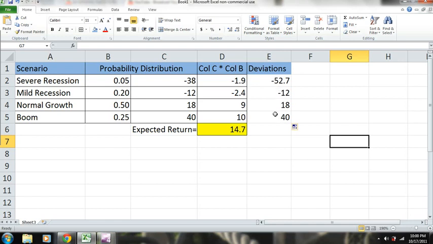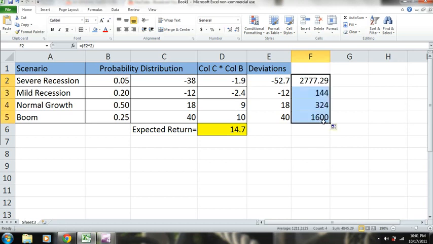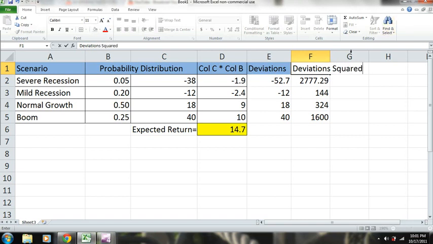So there's more that we have to do. To solve that problem, we simply square the deviations, and that makes all numbers positive. Equals to the power of 2. Okay, so there, we carry this down, and we're going to name this deviations squared.